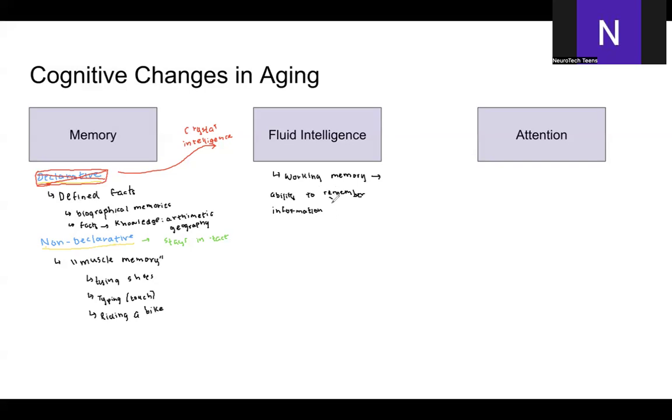Okay? While using. Okay, awesome. So, working memory is defined as the ability to remember information while using it.